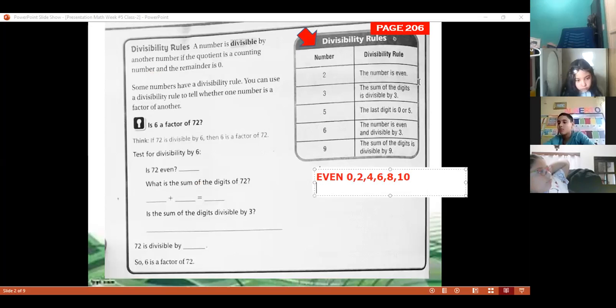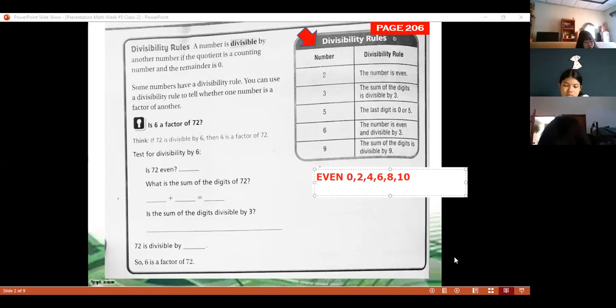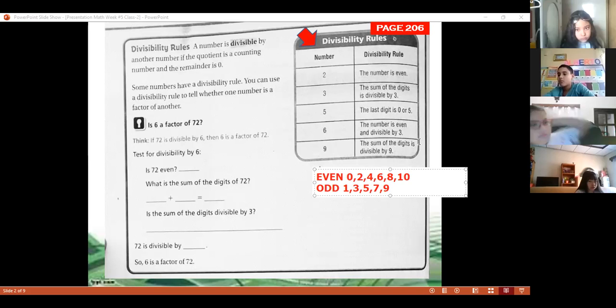Yesterday, Joshua was mentioning even and odd numbers. Remember, you learned this in 2nd, 3rd grade. Odd numbers, in Spanish, números impares, like 1, 3, 5, 7, 9, and so on. They are odd numbers, so you need to remember this, class.